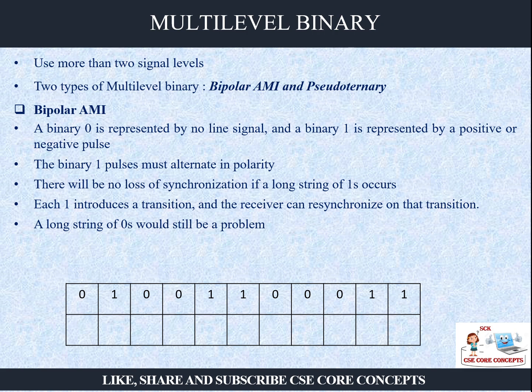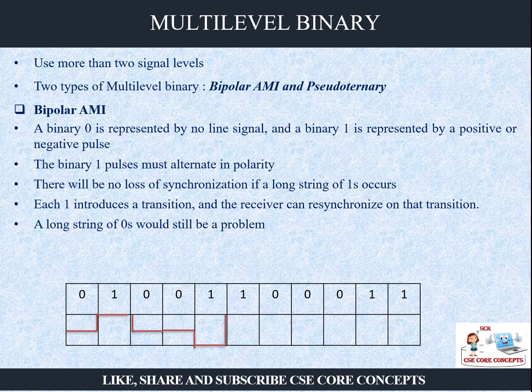So let us see here. So this is the bit string. Let us get started. Since it is the 0, you can see it is a mid bit line. That is, it is neither high voltage nor low voltage. So it is a no line signal. Okay. Then for 1, let's say we are taking it as a positive voltage. Then for both the consecutive zeros, it will continue with no line. Now for the next one, since the earlier one was positive, now we will go for a negative one.